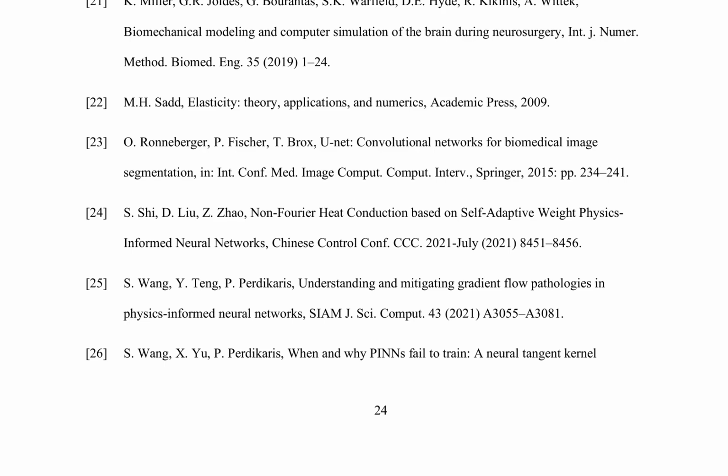Theoretical foundations of elasticity theory, numerical methods, and computer simulations are essential for understanding and predicting the behavior of complex systems. UNets, a type of convolutional neural network, have been widely used for biomedical image segmentation. Self-adaptive weight physics-informed neural networks have been proposed for non-Fourier heat conduction. Finally, researchers have investigated the understanding and mitigation of gradient flow pathologies in PINNs, as well as the neural tangent kernel perspective on PINN training failures.